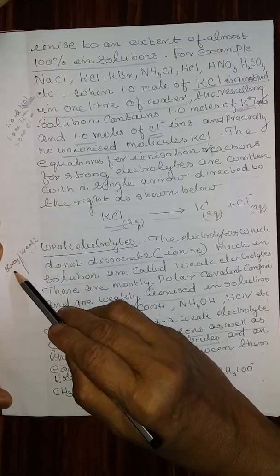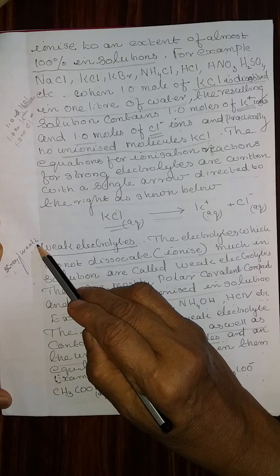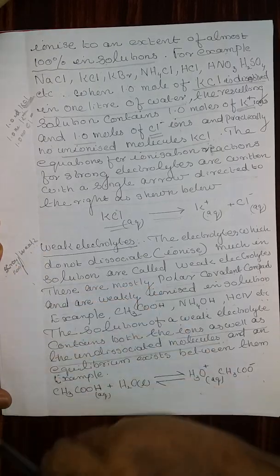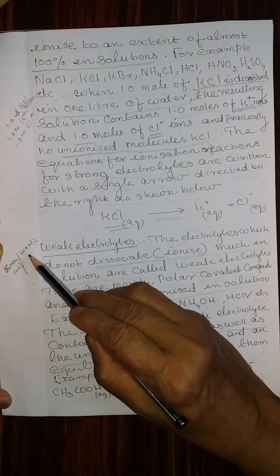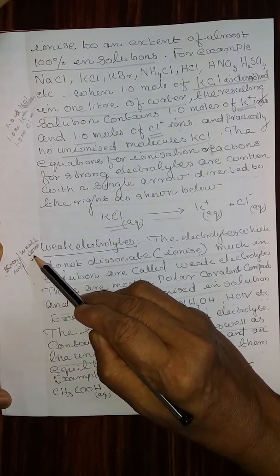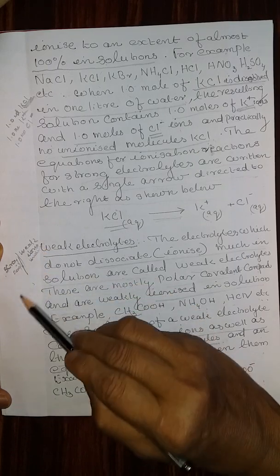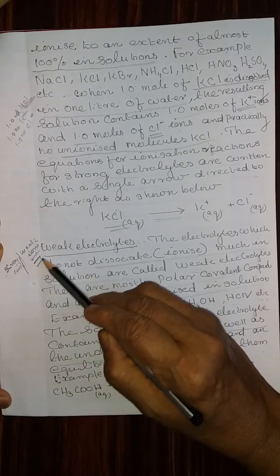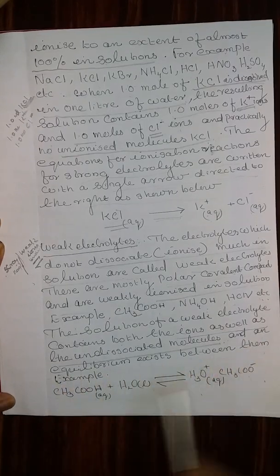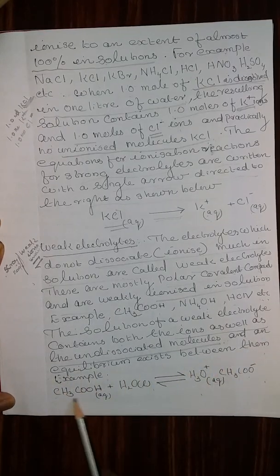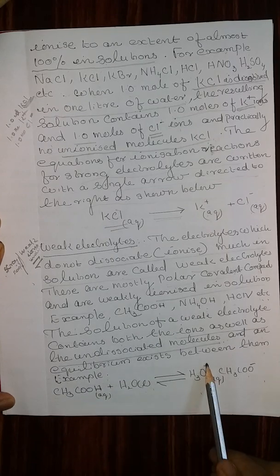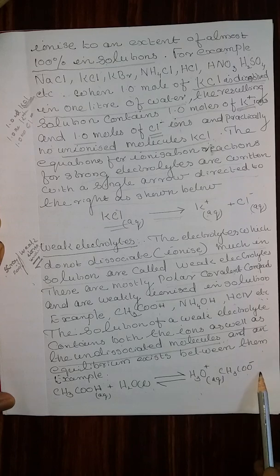That is the difference between strong electrolyte and weak electrolyte. Distinguish between the strong electrolyte and weak electrolyte. In a strong electrolyte, there is 100% ionization, whereas in a weak electrolyte, ions are present and undissociated molecules are present, and they keep an equilibrium. An equilibrium exists between them. For example, acetic acid, when dissolved in water, forms hydronium ion and acetate ion.